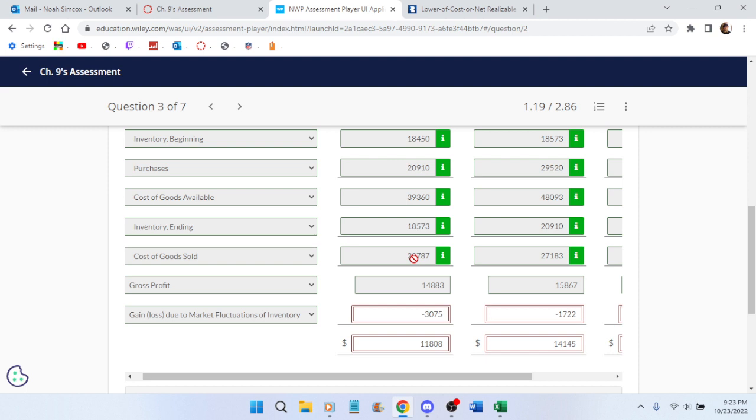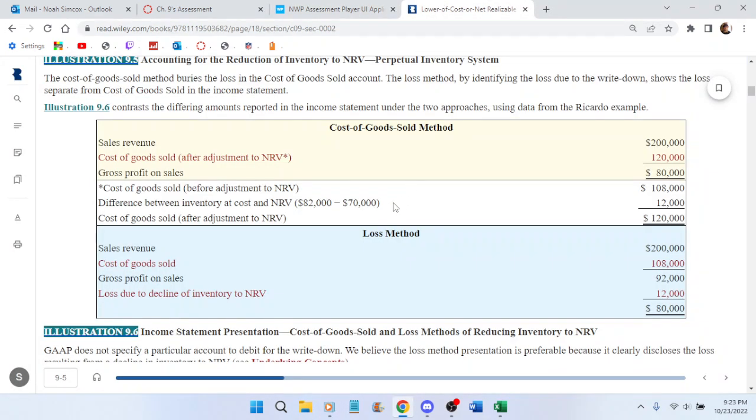What? Wait. No, your costs go down. How on earth do you have a loss? The cost of your inventory declined. Oh.